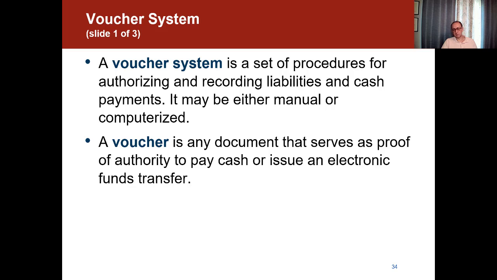Of course, nowadays, even at the small business level, computerized systems are getting to be very common. So something like Peachtree, for example, that's an accounting software, or QuickBooks, another accounting software, usually apply these kinds of voucher systems. So a voucher is any document that serves as proof of authority to pay cash or issue electronic fund transfers.